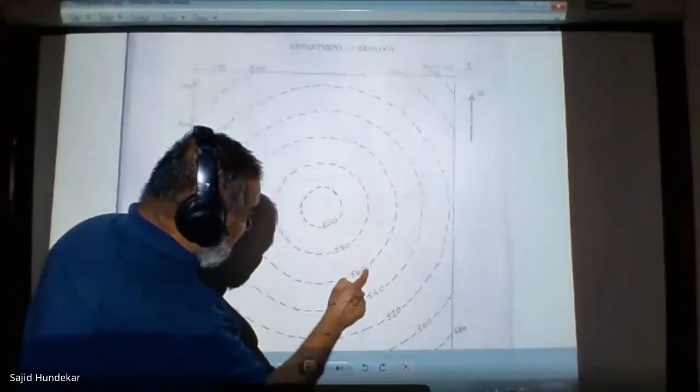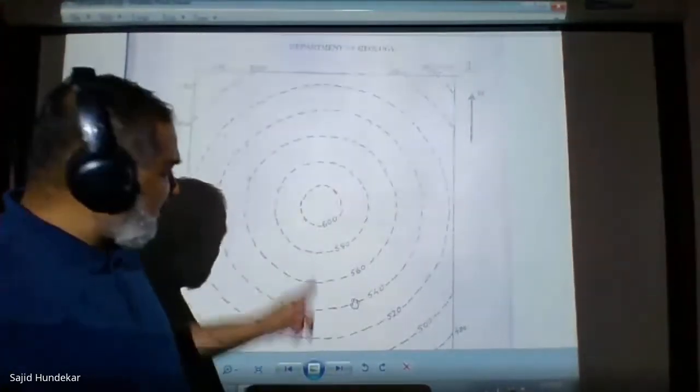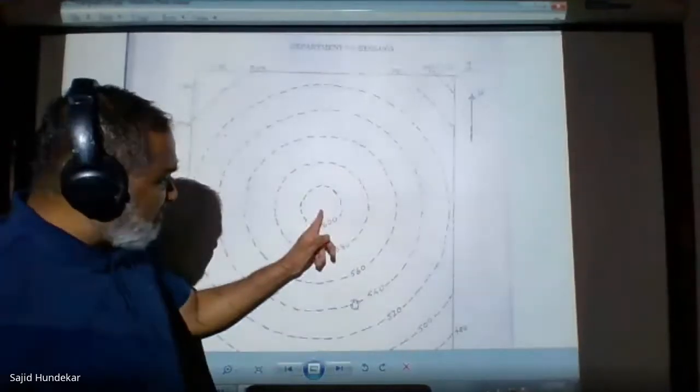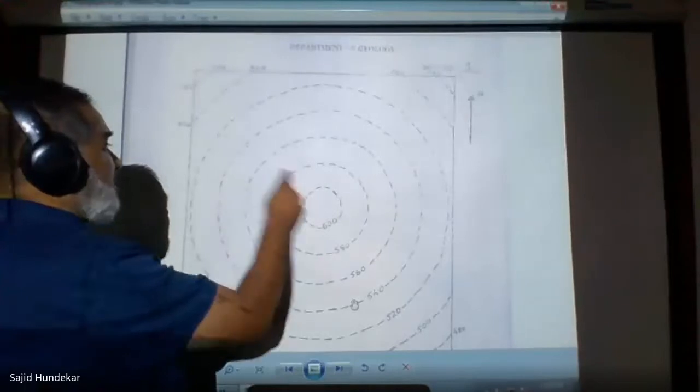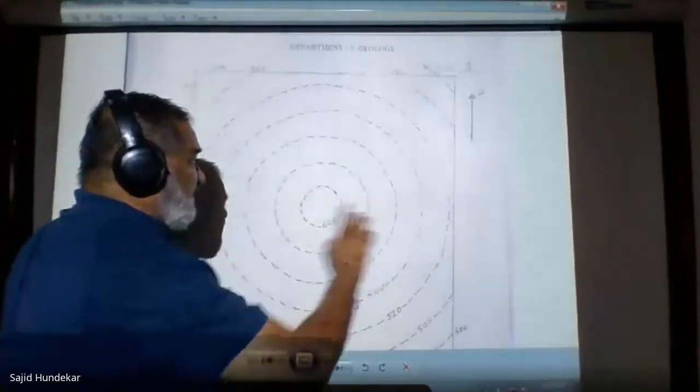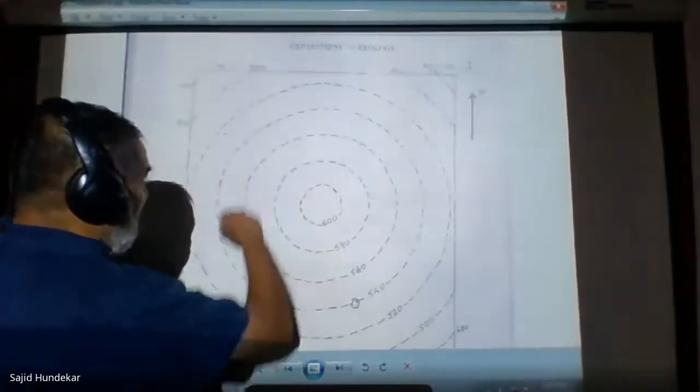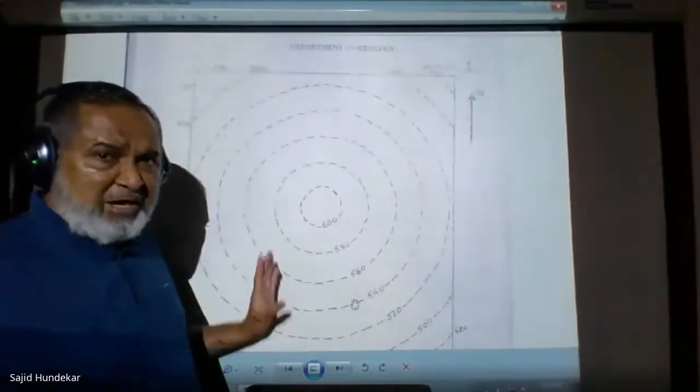We can make an arrow that shows the values decreasing. That will be the slope direction, on this side and on this side. Everywhere the slope is there, and it is uniform on all sides.